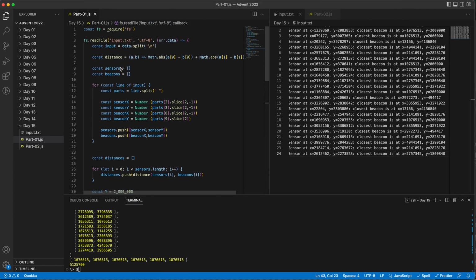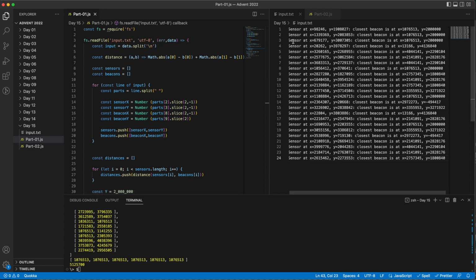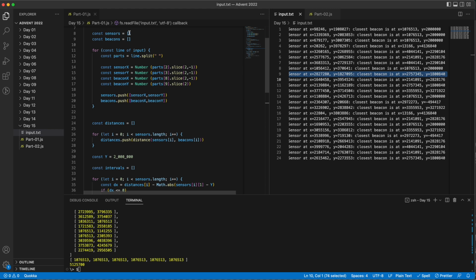Okay, so in part 1, I just split the data based on the new line, which will give me each of these lines. And then I have an array of sensors and an array for beacons. Then I will go through each line and split them by space.